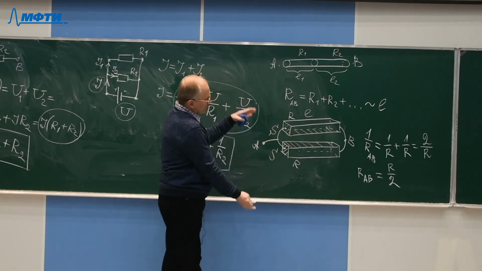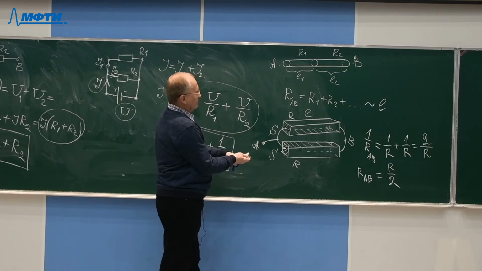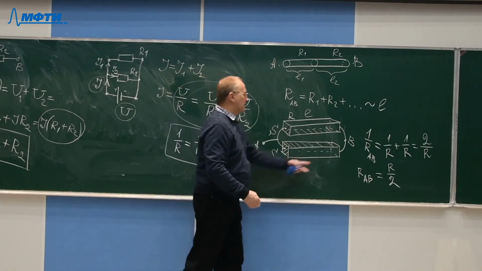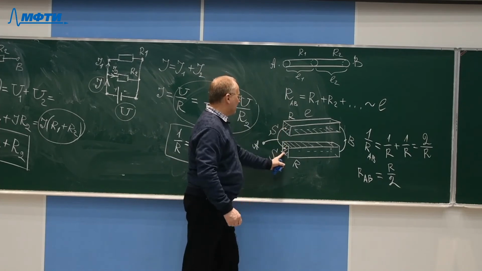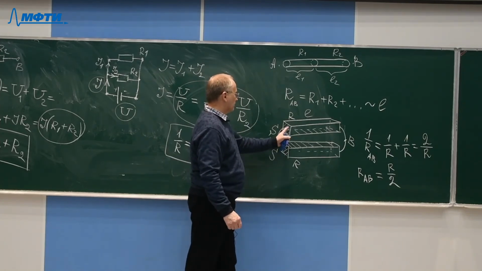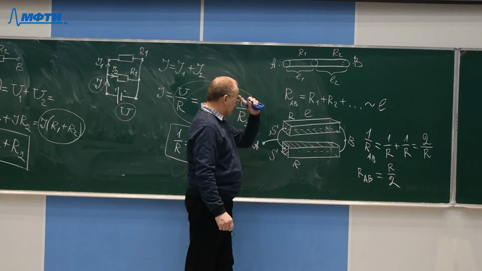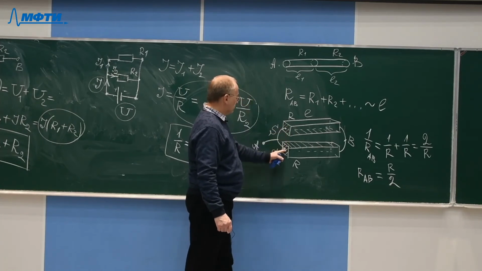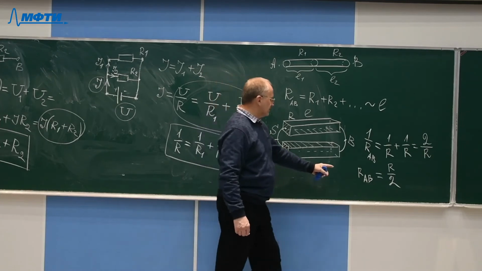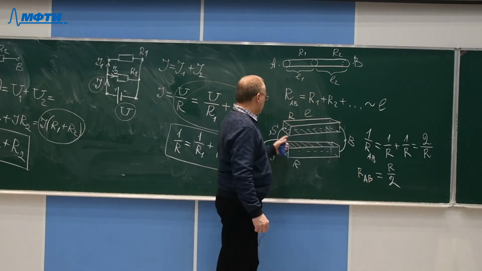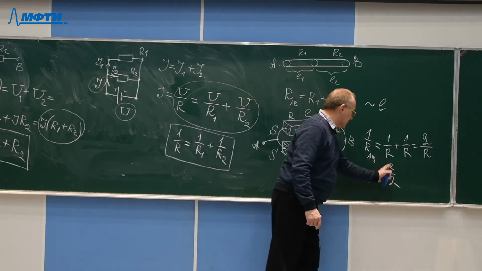We stick together these two pieces of wire and obtain a single conducting material. The cross-section of this material will be twice the original cross-section of each wire. The cross-section will be increased by a factor of 2. And the total resistance in this case will be decreased by a factor of 2.